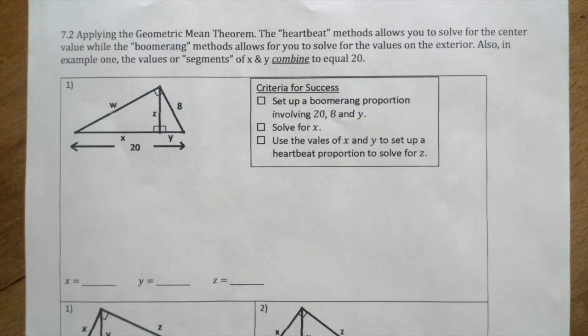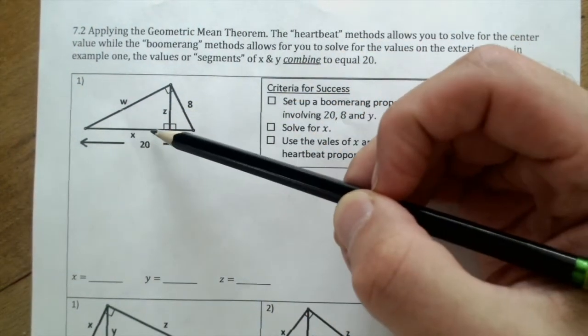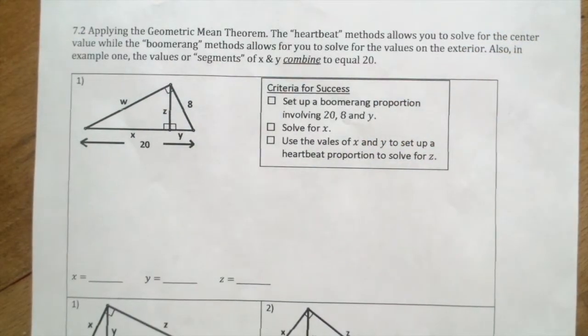When we go to fill out an equivalency statement, we're not going to have two unknown variables. If I'm looking through my graph right now and I do the heartbeat method, x over z and z over y, I don't really have too much information. However, with the boomerang method, I can potentially solve for one of these variables.